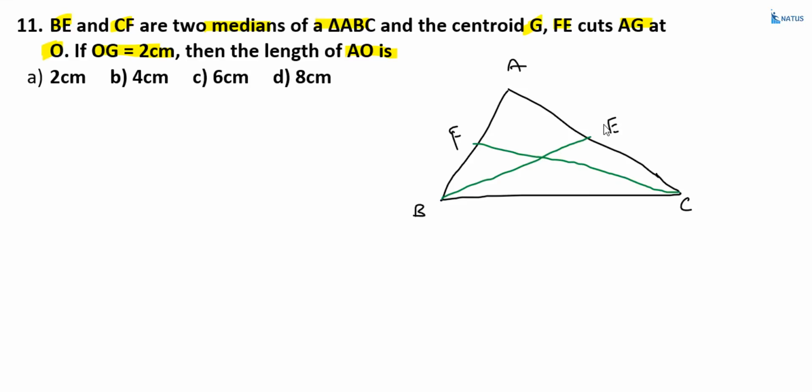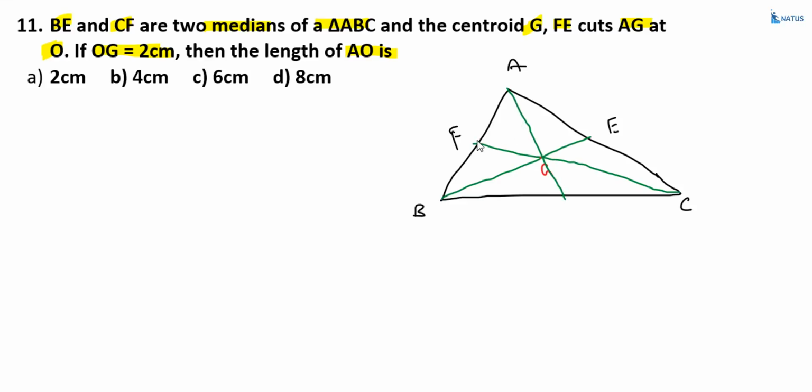Right? What next? Centroid G, and this is G. Next, FE cuts AZ, and AZ is this line, another median.